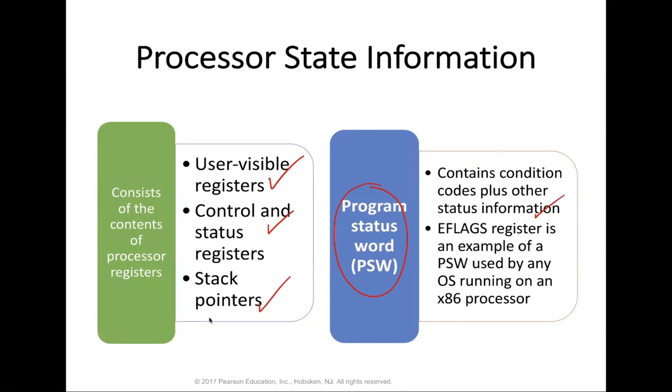A good example of a processor status word is that on the Intel x86 processor, which is referred to as the EFLAGS register. This structure is used by any operating system, including Unix and Windows, that is running on an x86 processor.